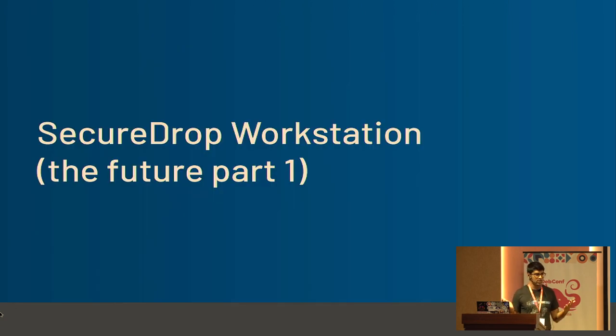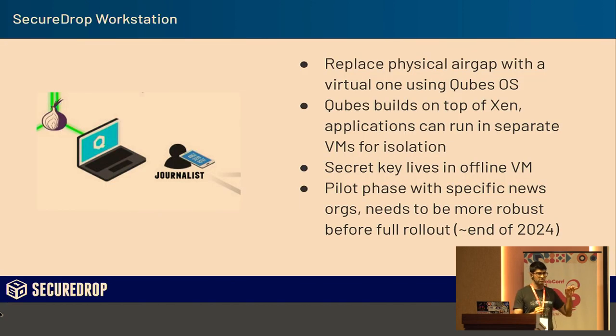So now, what is next? The future, part one, is the SecureDrop Workstation. Earlier I mentioned this pretty cumbersome workflow where you download documents on one Tails instance, you copy them over to another Tails instance that's air-gapped, then you decrypt them, and then you decide what to do with them.